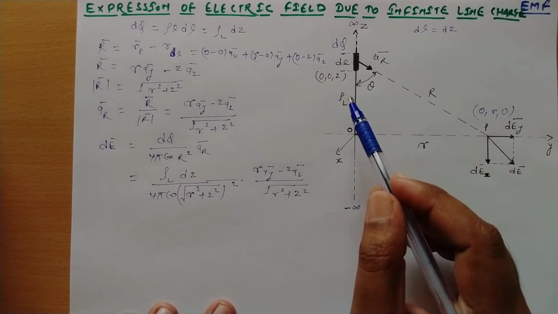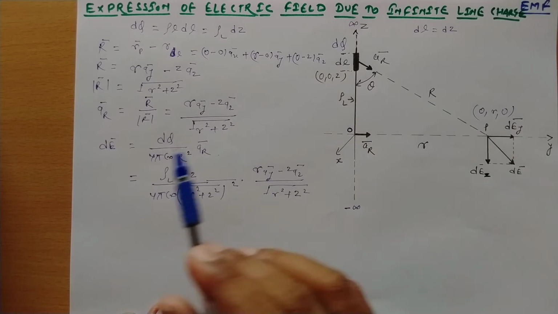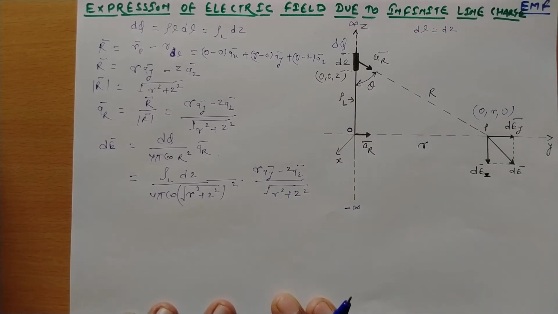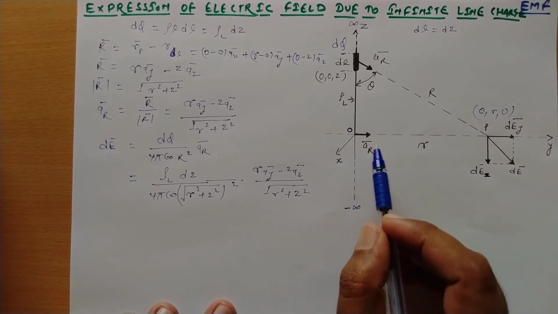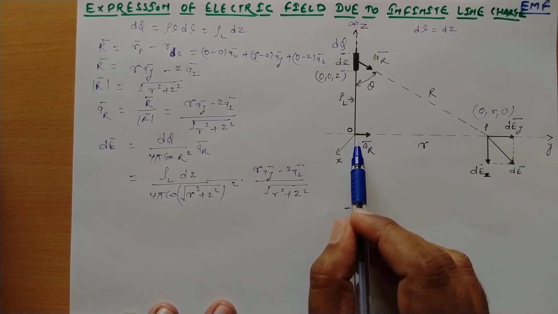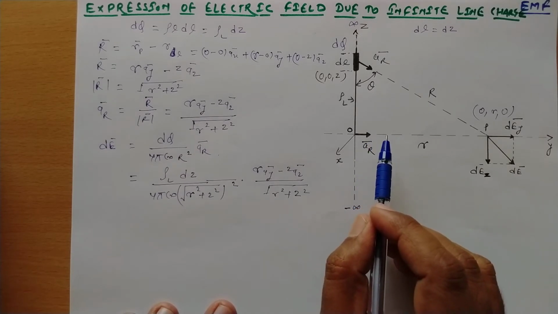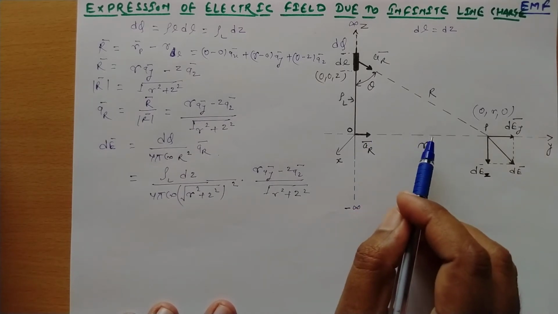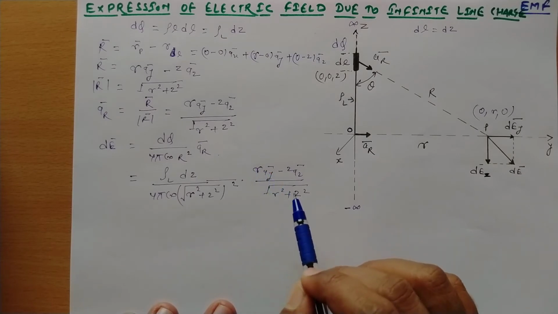So we will not get any z axis component in the expression of electric field intensity. Or in a simple way, whatever axis carries the charge will not get its component in the expression of electric field intensity.